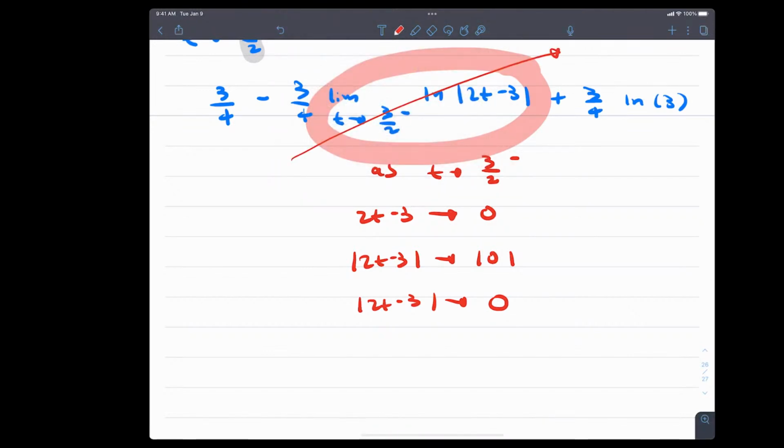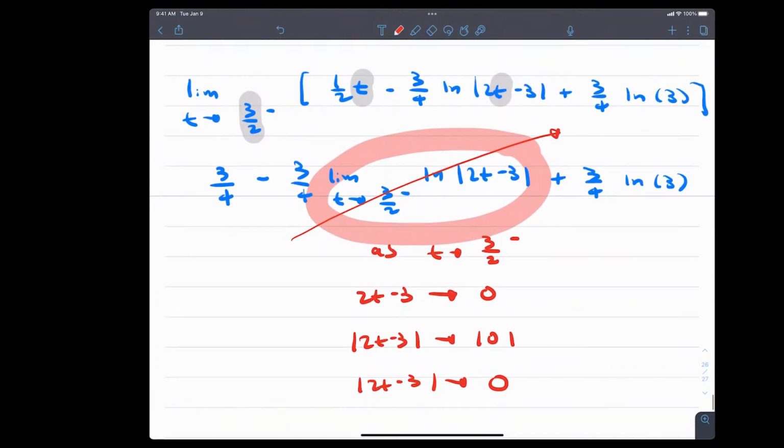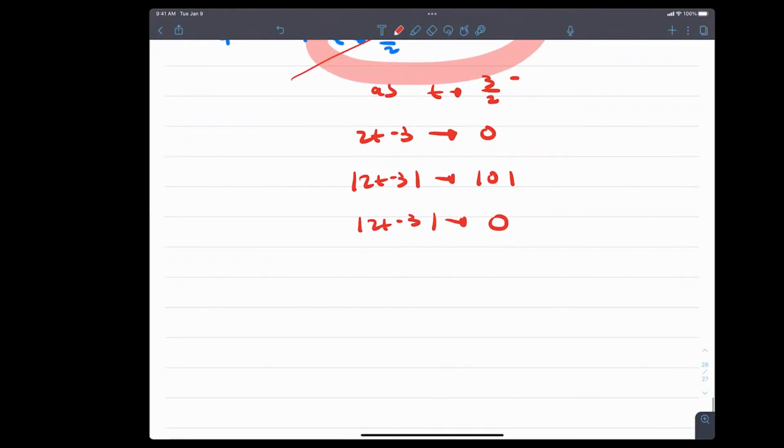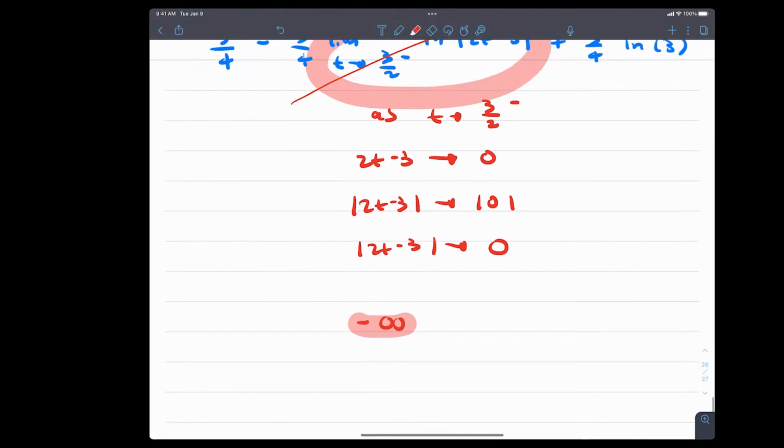We already saw that. That goes to minus what? Infinity. So minus infinity plus these constants really means the whole thing is minus what? Infinity.